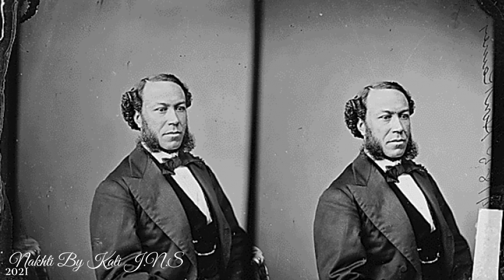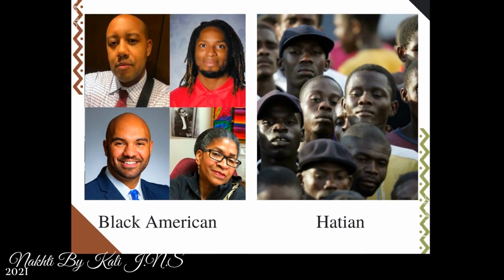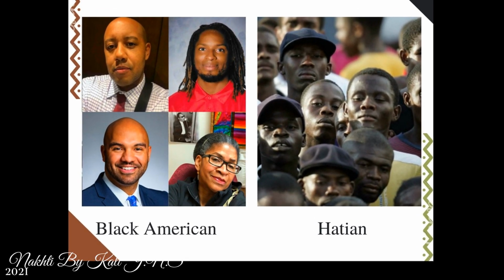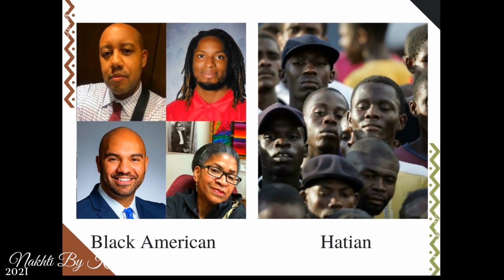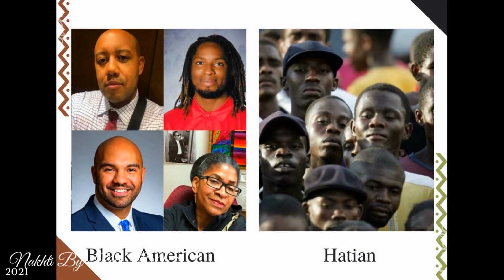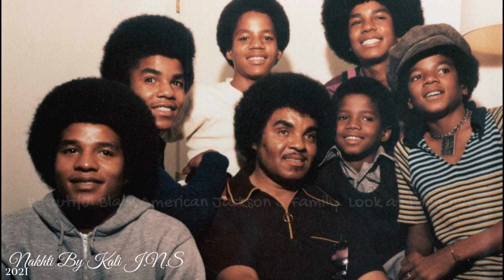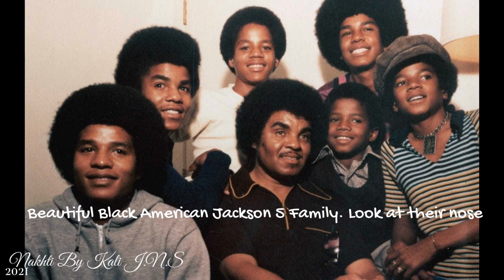understanding the phenotype. So here you see a picture of Black Americans, and you see a picture of Haitians. Now, you can see the average nose type. The average nose of a Black American is a bull, like a bull tip, and it has lots of meat, like lots of fat inside of the nose.